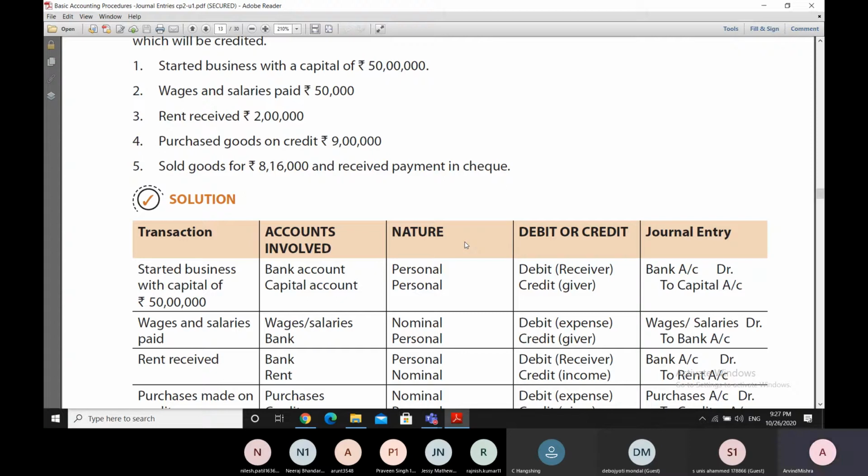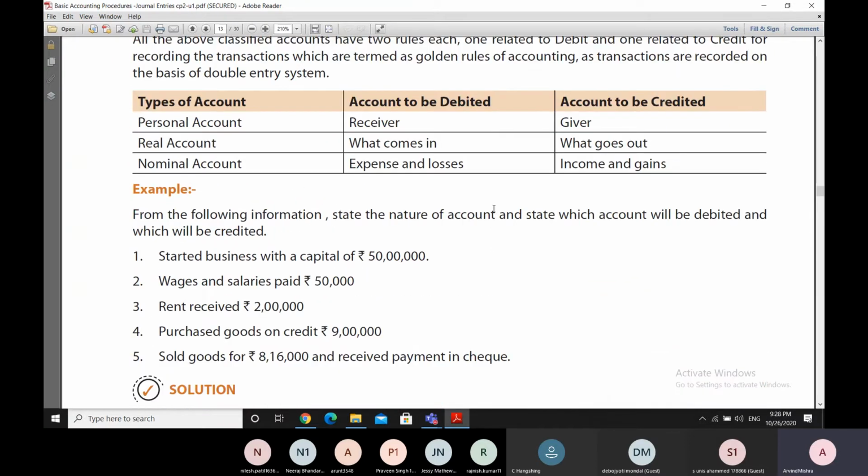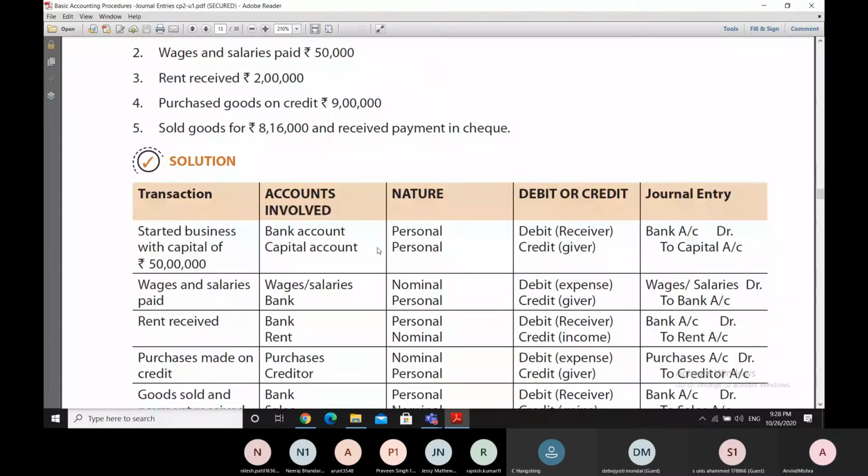As far as the bank account is concerned, the bank account is the bank account of the proprietor and therefore it is a personal account. Capital account is the capital account of the proprietor, therefore that also is a personal account, and therefore the rule for the personal account is debit the receiver and credit the giver. Here money is being received by the bank account.